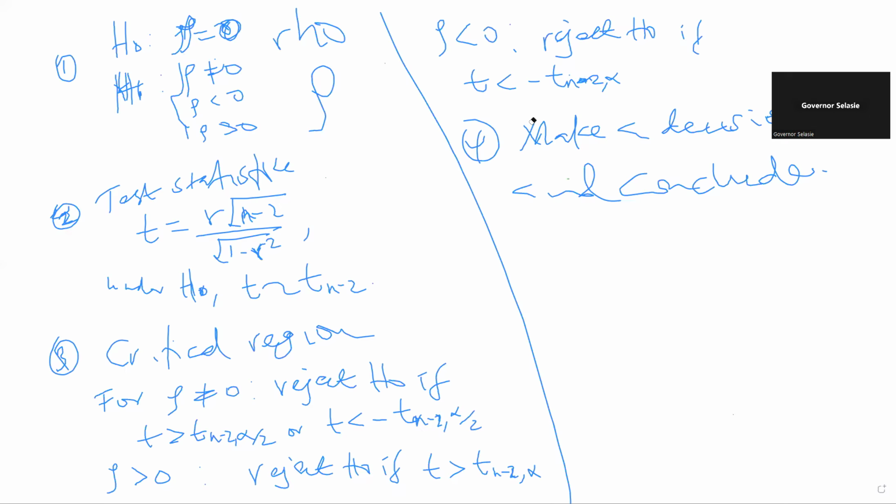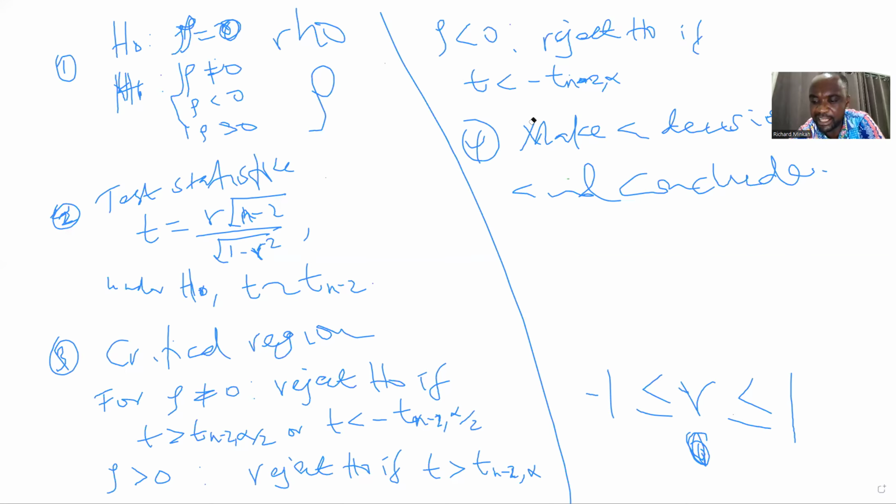Sir, please, what of the coefficient of correlation? The correlation coefficient is between -1 and positive 1. So when it is 0, there's no correlation. If it is -1, there's a perfect negative correlation.